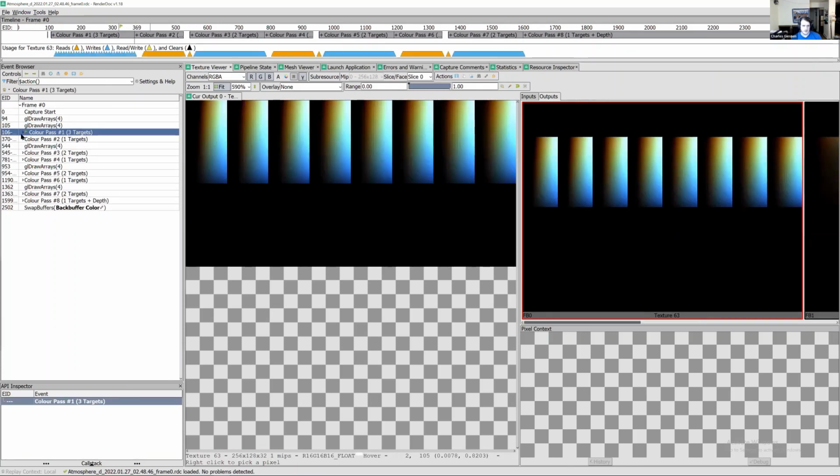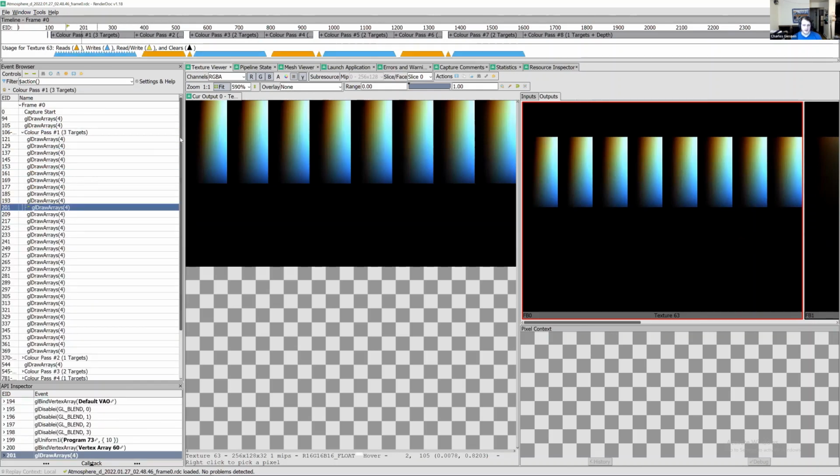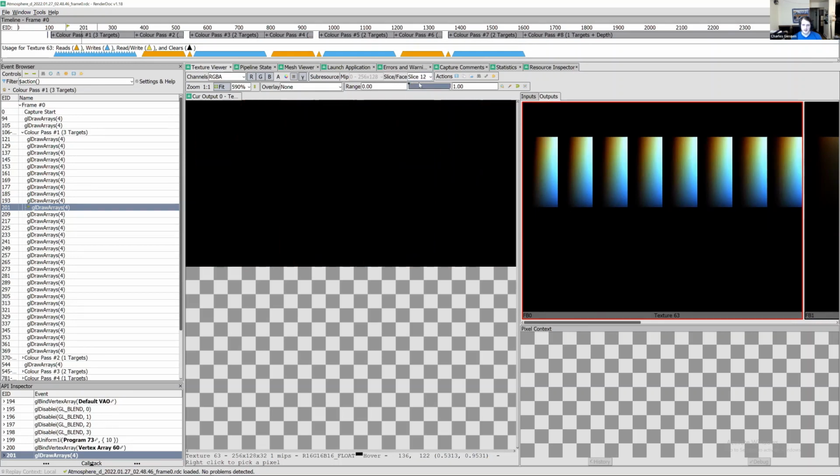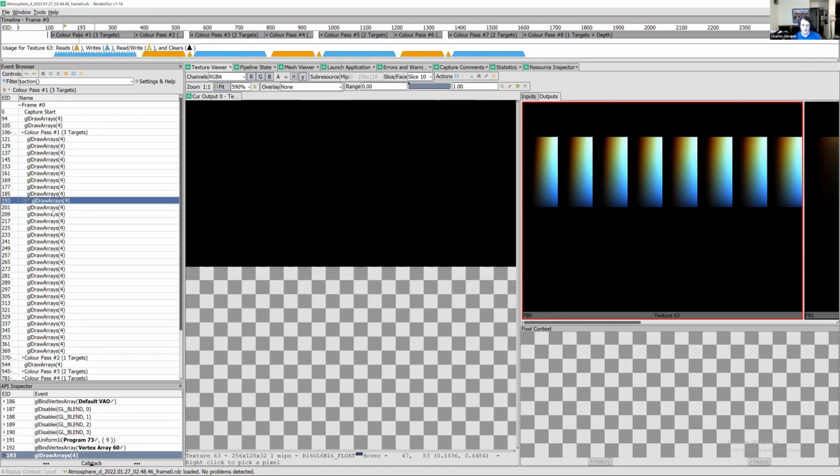Because it's a 3D texture that's treated as 4D, there's a whole bunch of slices. This is like the 12th or whatever thing, and so only slices 0 through 10 have been computed.